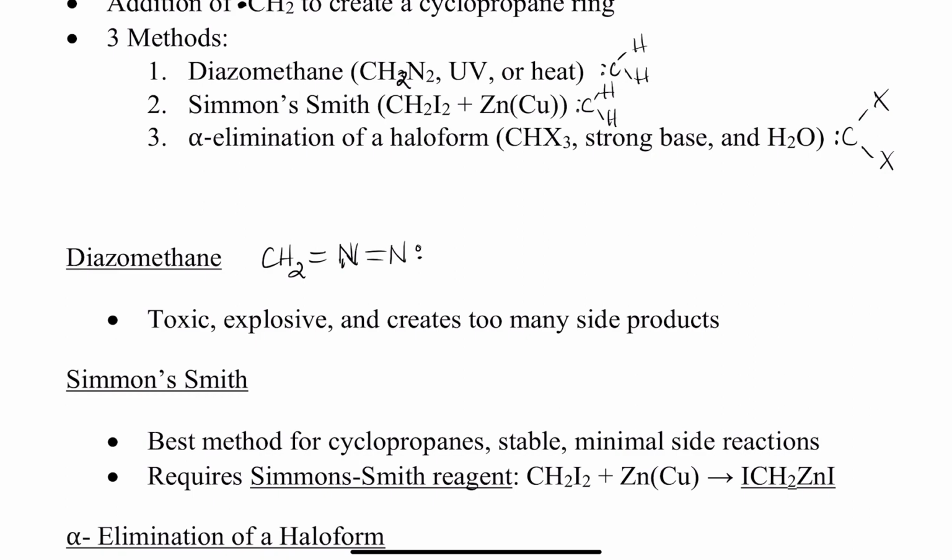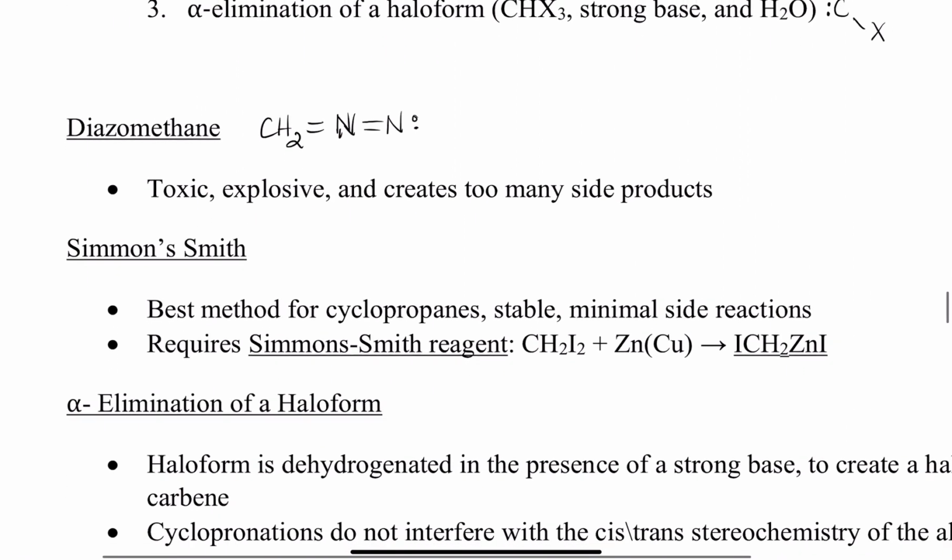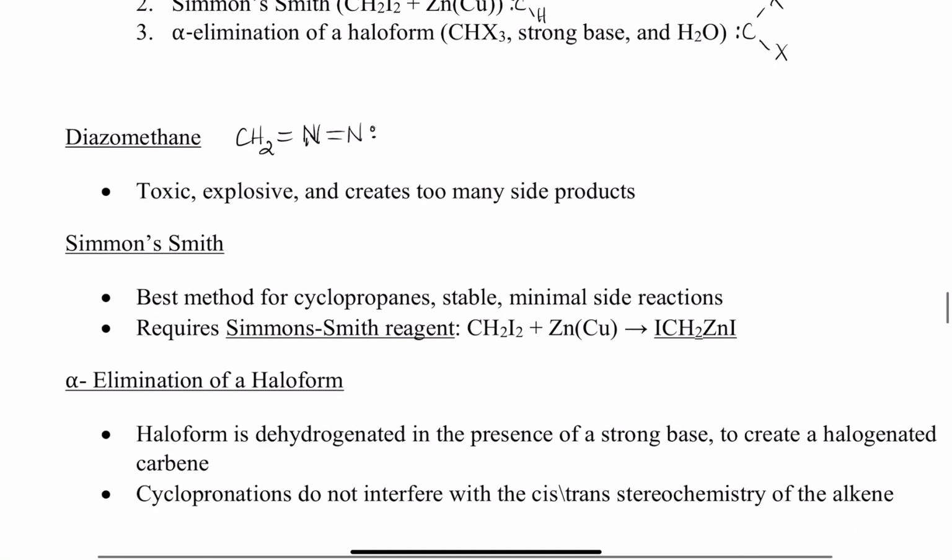However, Simmons-Smith, this is the best method for cyclopropanes, it's very stable. It does not create a lot of side reactions. So this requires the Simmons-Smith reagent, which is whenever we have methylene iodide reacting with zinc copper, and it's going to create this right here that we call a carbenoid.